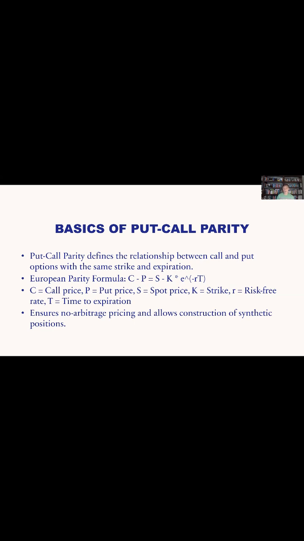You have call options, you have put options, the individual stock security, and an amount of money that you might take out to actually buy that security. And if you look at it, it's C minus P, so the call price minus the put price, and those two have to be at the same strike price, equals the individual security price minus K, which is the strike price of C and P, times the natural number to the power of minus RT.